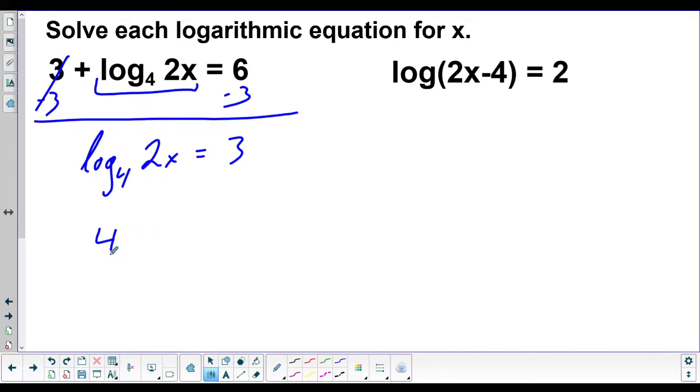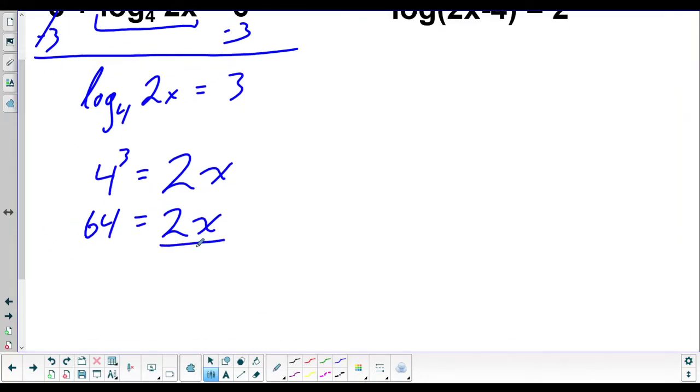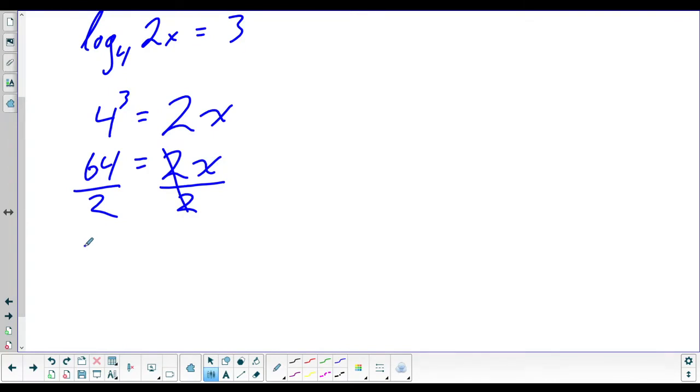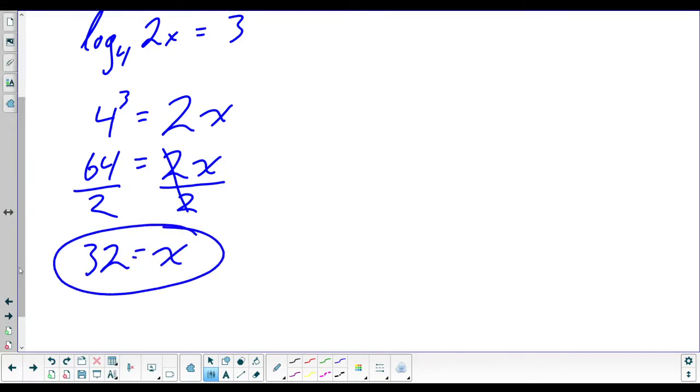So we have 4 to the power of 3 equals 2x. 4 to the power of 3 is 64, still equals 2x. And now we have to divide both sides by 2 to get the x by itself. So our 2's cancel. 2 goes into 64 32 times. So x is 32 as our answer.